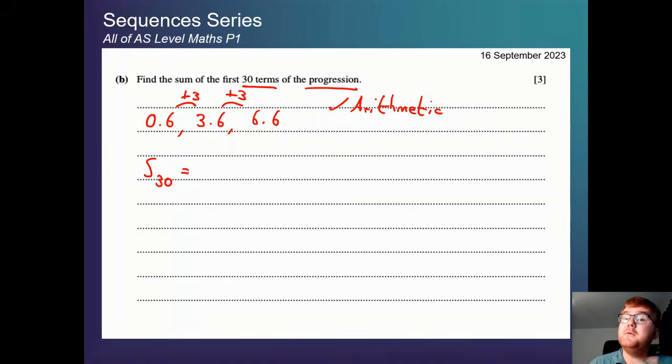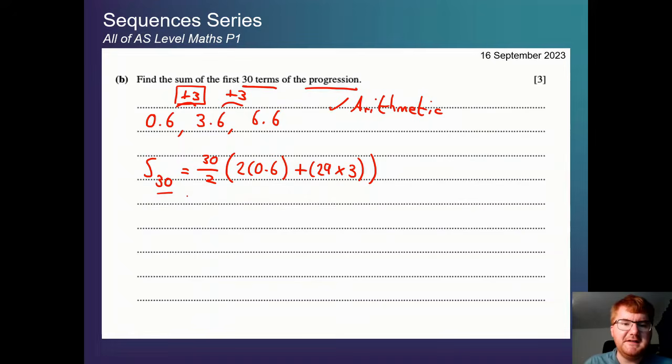Again, using that formula that we've seen before. So n over 2, so 30 over 2, 2 lots of the first term, so 2 lots of 0.6, plus 1 less than n, so that's going to be 29, times a common difference, which we just worked out. That's equal to 3 here.